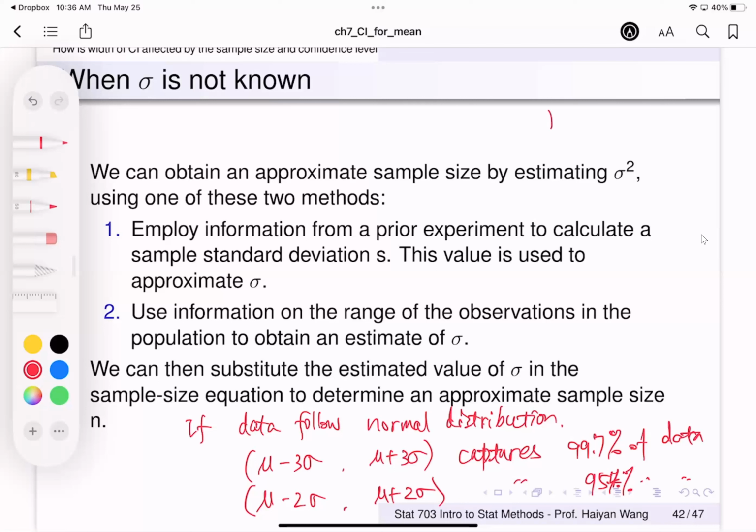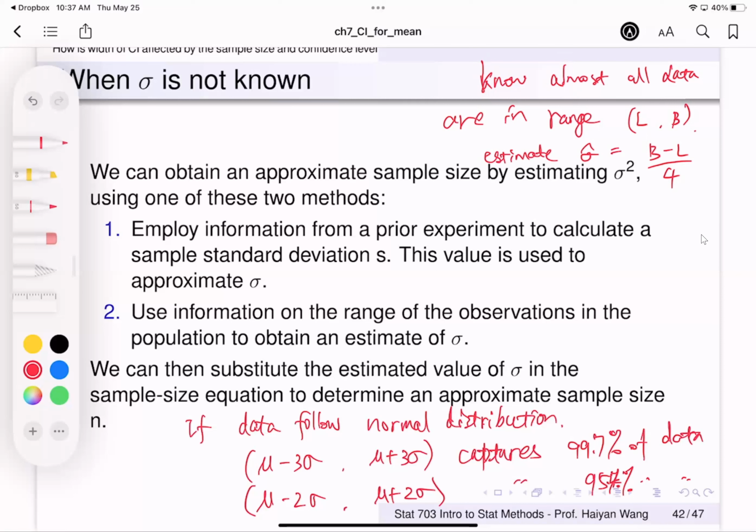So if you have a range, and you know that almost all data are in this range, I'm going to write it as low L and high B. In that case, you can estimate the sigma with B minus L divided by 4, because we roughly think that 4 standard deviations is around 95.5%.